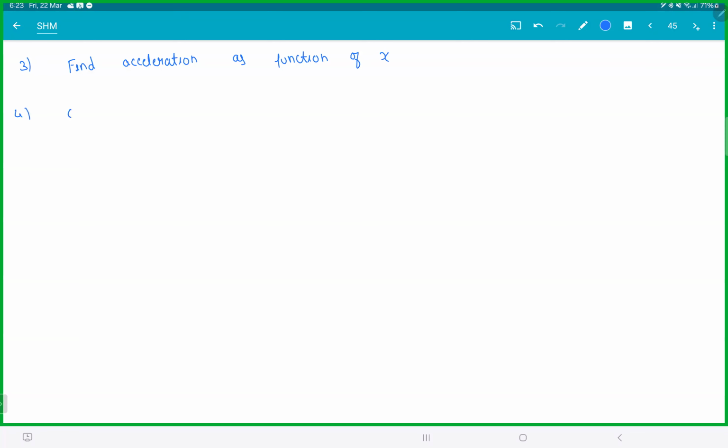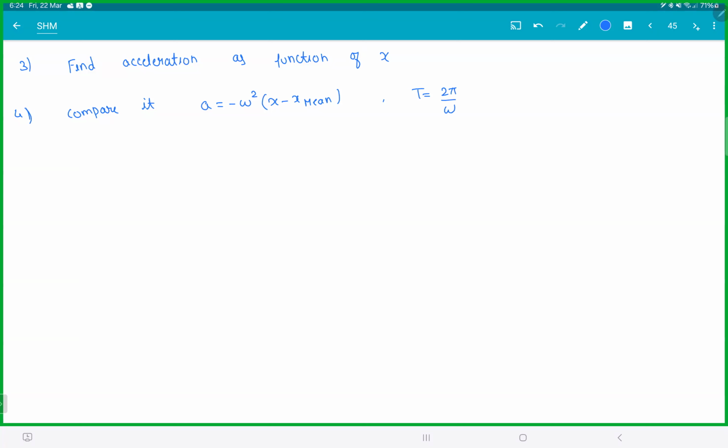Fourth, compare this with a = -omega squared (x - x mean). When you compare, you'll get omega from there, and from there you get time period as 2 pi by omega. That's it. These are the 4 steps to find the time period for any system which is in SHM.